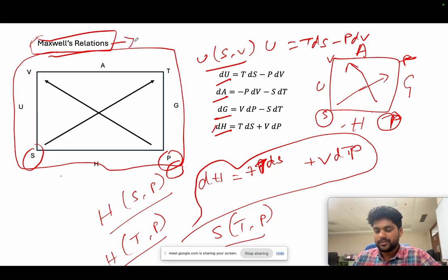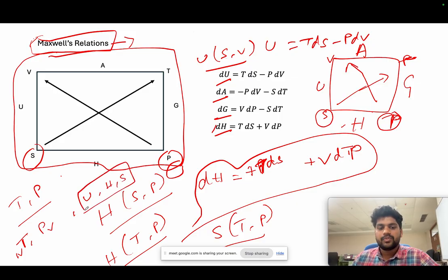Why are we doing the Maxwell relations? Suppose we are given the properties of a system, say I have done an experiment and taken the values of temperature and pressure, T comma p. Now I want to calculate the change in internal energy, the change in enthalpy, and the change in entropy.